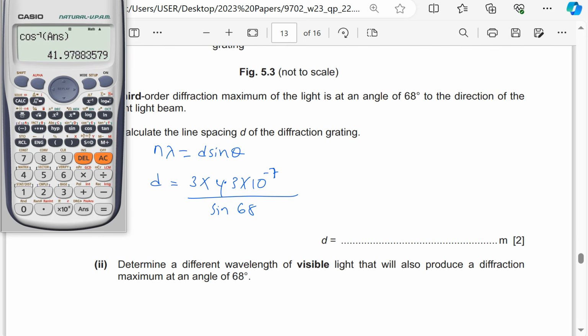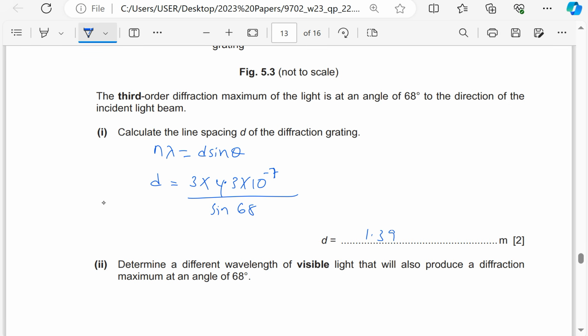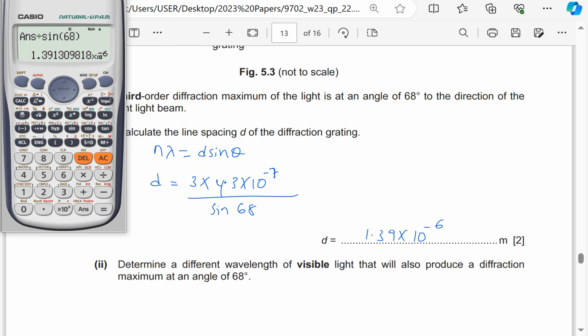So I'll just press my calculator: 3 times 4.3 exponent minus 7, divided by sine of 68. That is 1.39 times 10 to the power of minus 6 meters.